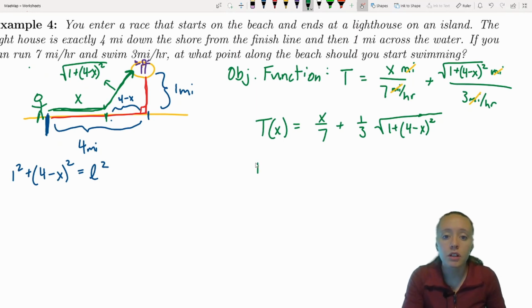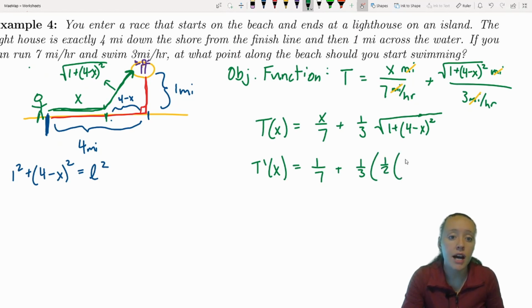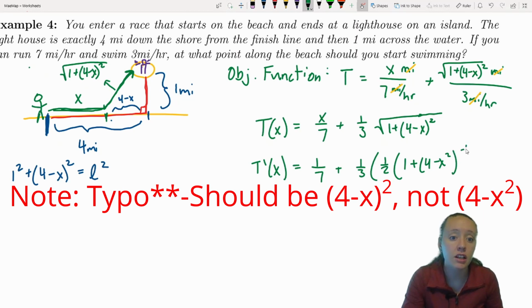So I'm going to do t prime of x, and that's going to be equal to the derivative of x over 7, which is 1 over 7, plus, here I'm going to need to do a little bit of chain rule. So I'll leave my constant out in front, and then I'll multiply that by 1/2 times (1 plus (4 minus x) squared) to the negative 1/2.